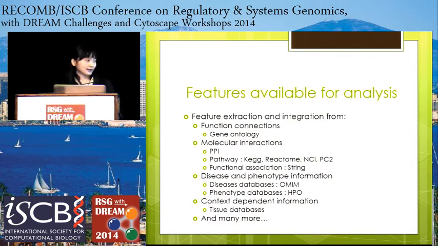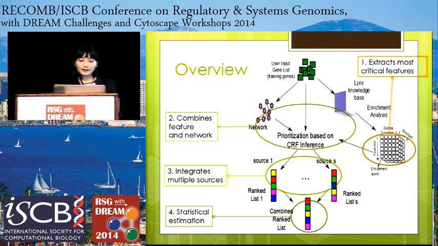Here are the normal features we have. We have functional categories like gene ontology, molecular interactions, and also disease information, context information, and many more. This is just an overview of the features available here. Now we're going to give an overview of our workflow.